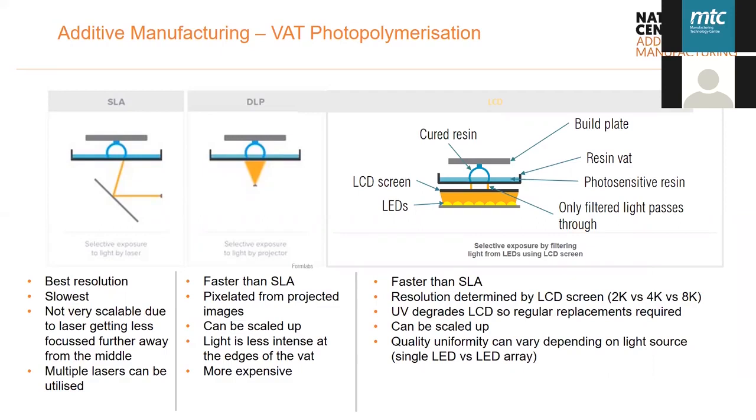So the DLP, it's quicker than the SLA, and it can be scaled up a lot easier than the SLA. However, it's a more expensive technology. And then finally, the LCD variant of this technology, it's again faster than SLA. It's more easily scaled up due to the fact that you can scale the LCD screens a bit easier and cheaper. And so that just gives you a very top level overview of the different technologies.